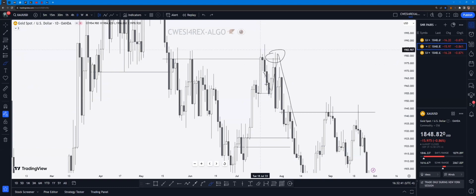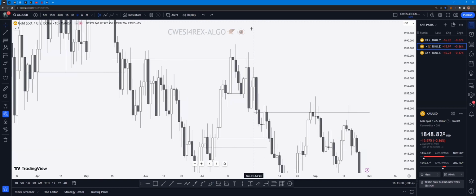Weekly rejecting weekly, daily breakout. We wait for a pullback on the daily time frame or 4-hour time frame. We call this decisional levels, right? Decisional breakout, or you can simply use traditional SNR, where we use one candle to determine a breakout.